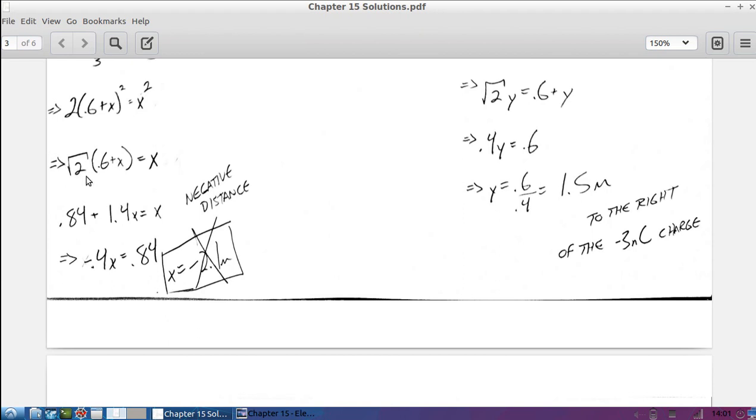I converted that to a truncated decimal 1.4 just for calculation purposes. So I've got a 1.4x here, I've got an x on this side, subtract 1.4x from both sides, I get negative 0.4x is 0.84. And so when I solve for this distance, I get negative 2.1 meters.